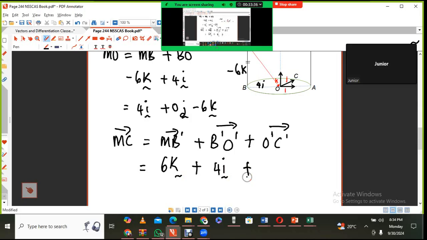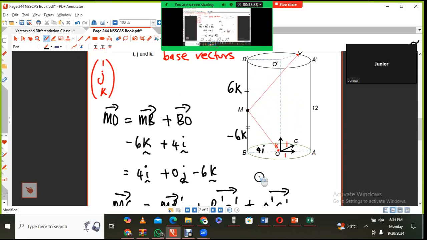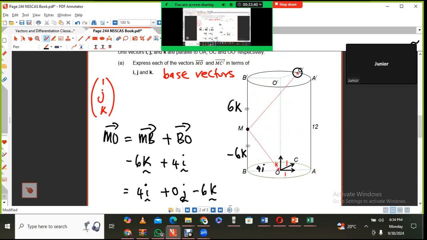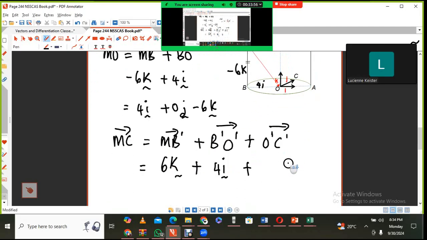Going from O to C, you must be very careful. O to C is also the same as the radius, right? The distance will also be 4, for what? 4j. For J.